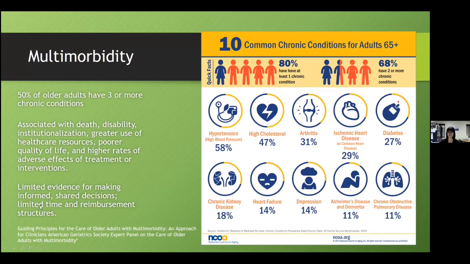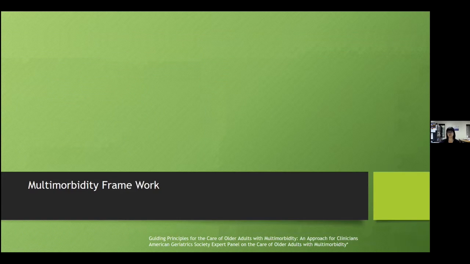And how do we share in those decisions, shared decision-making with our patients and our families, particularly when there's a 10 or 15 minute office visit, and reimbursement issues come into play there too. And so the American Geriatrics Society created this multimorbidity framework, which, as I've alluded to a little bit, is all centered around the patient's goals and wishes for their care.